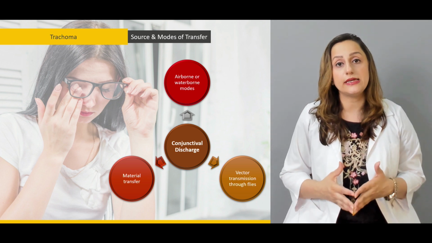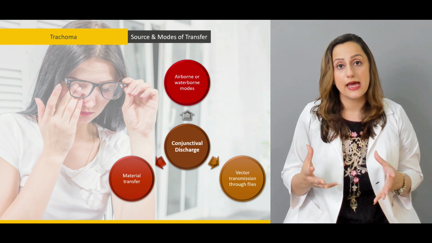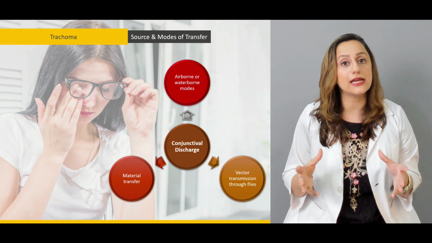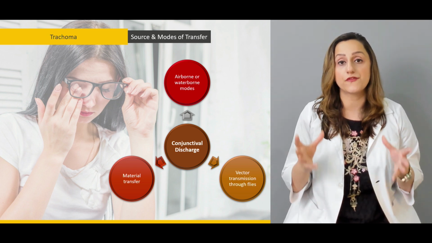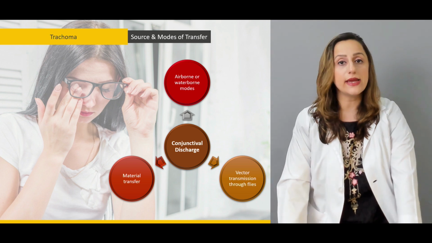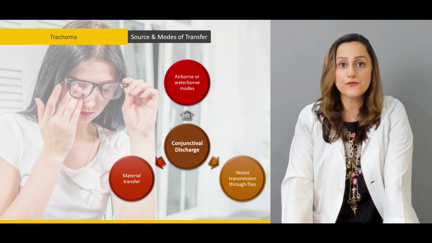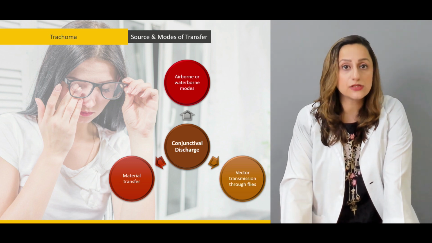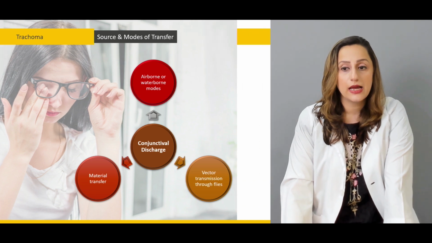All of these are things for personal use. And if no personal hygiene is maintained at the level of the patient's home, it is quite evident that such materials can be transferred from the infected eye of the patient to the normal individuals surrounding the patient.